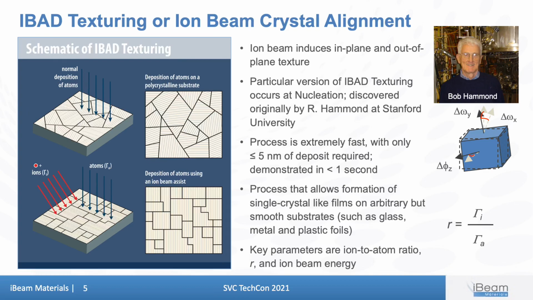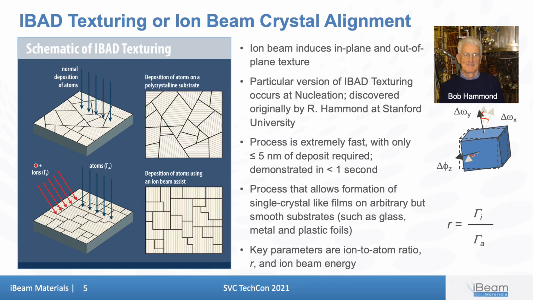The particular version of this IBAD texturing that we utilize was discovered in the mid-90s at Stanford University by Bob Hammond and colleagues. The process requires a very thin deposit, typically less than 5 nanometers, so it occurs in the very early stages of film nucleation and growth.